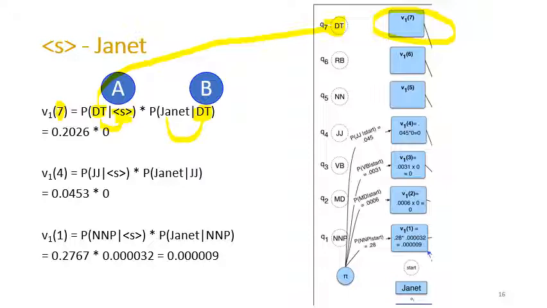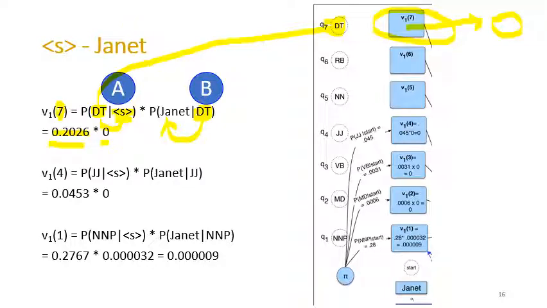Now you may want to go back to the previous slides where we have the matrix A and matrix B. You can check that given the start symbol, the probability of transitioning to DT is 0.2026, and then the probability of a determiner producing the word Janet is 0. So now if you must write a value in this box, the value is 0.